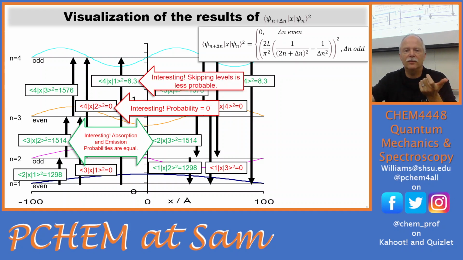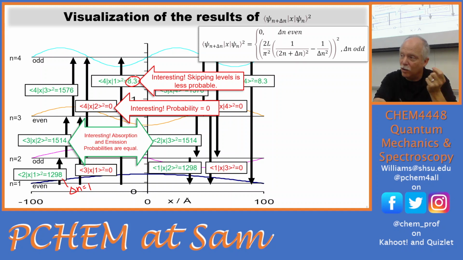And then skipping levels is less probable. So that's interesting. So look at this. Going from 1 to 2, so a delta n of 1, delta n equals 1, is a huge probability, 1,298. And going from 1 to 4, it's allowed, but it's only a probability or an intensity of 8.3.